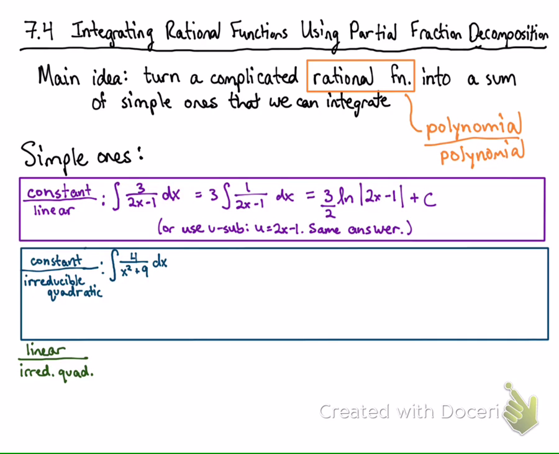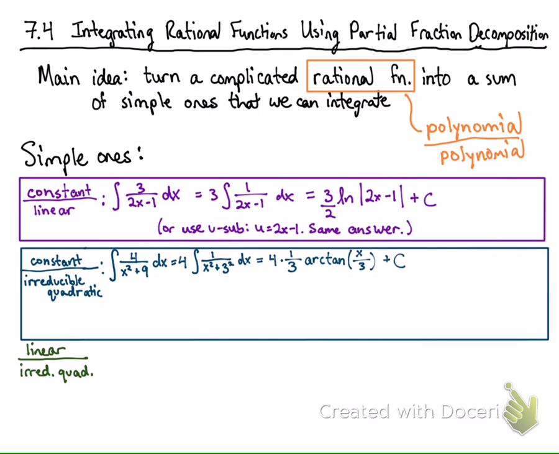So what do you do when you want to integrate something like that? Well, first you factor out the constant, so we can always assume the numerator is a 1. And I'm going to write that 9 as a 3 squared. And it turns out that's the antiderivative. That 4 stays. And then the 3 shows up in these denominators, and you might be wondering, where on earth did that come from?